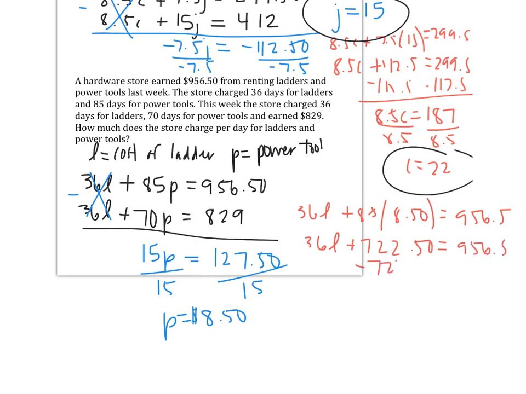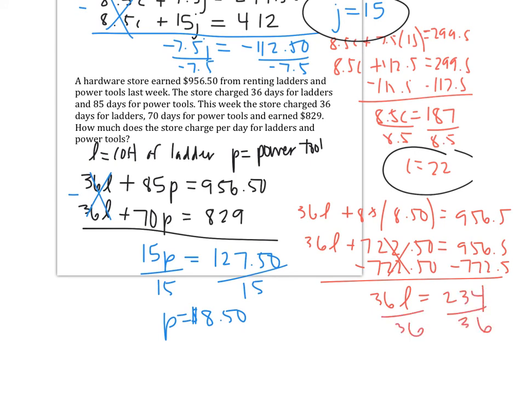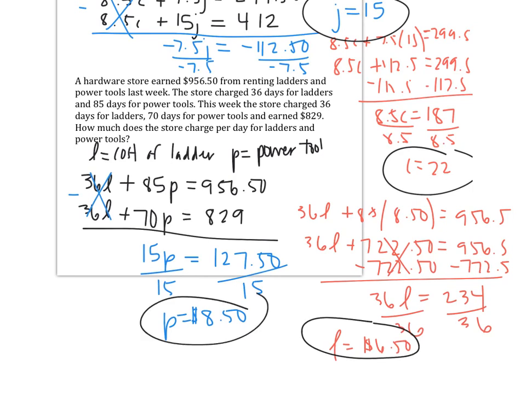We'll subtract 722.50 and get 36L equals 234. Divide by 36, and L equals 6.50. So the cost for a ladder per day, the store charges per day, is $6.50, and the cost for power tools is $8.50.